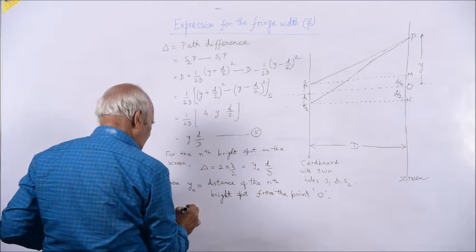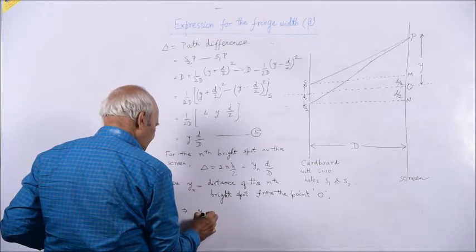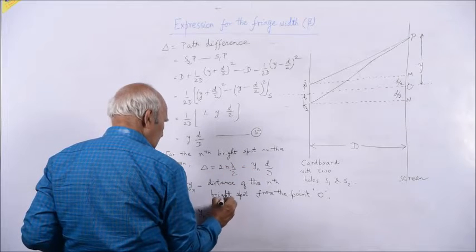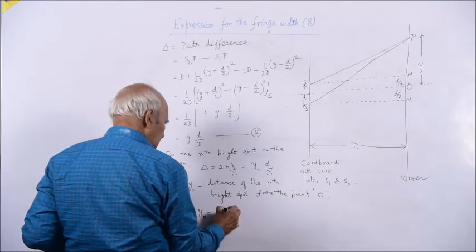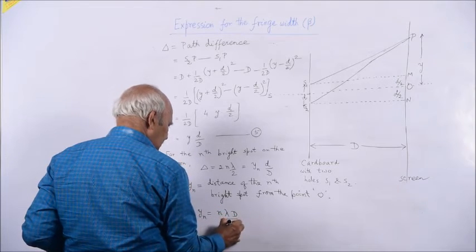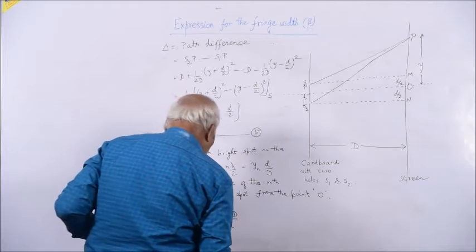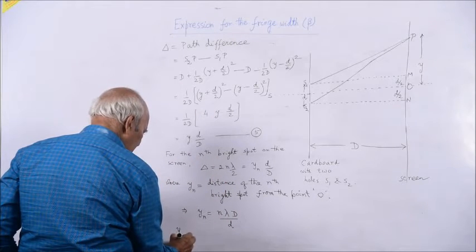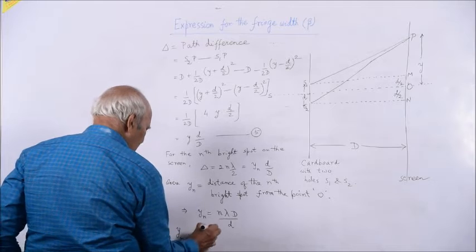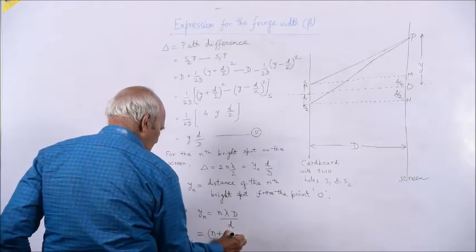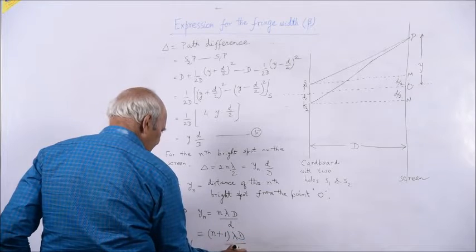So, from this you get y_n is equal to n lambda D by d. So, y_(n+1) will be (n plus 1) lambda D by d.